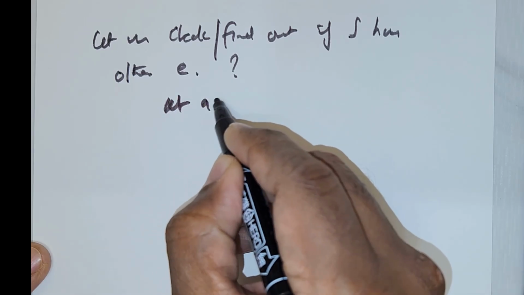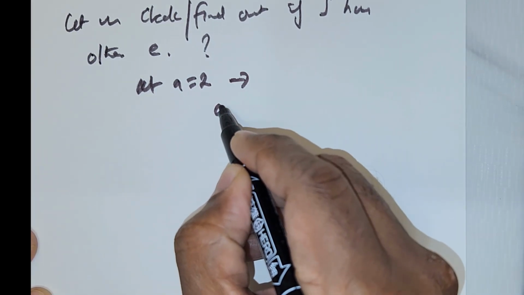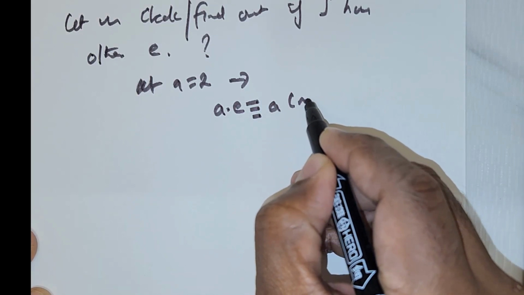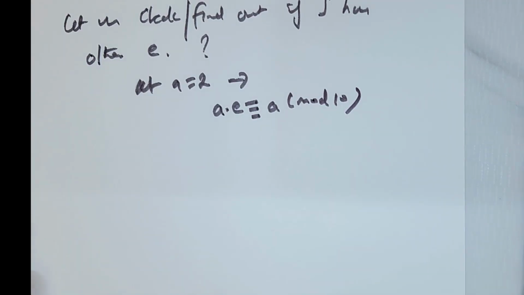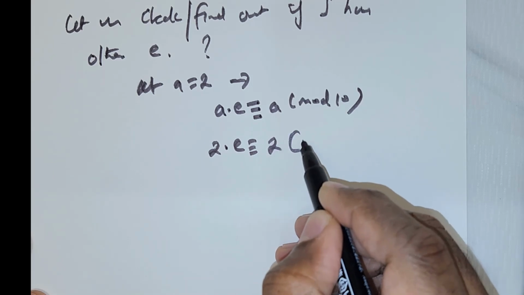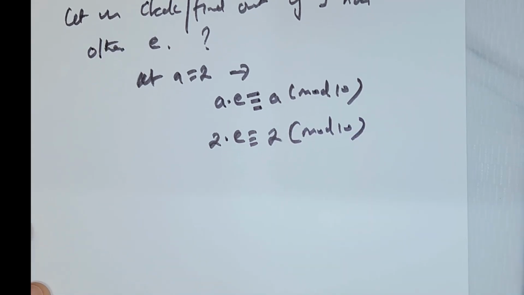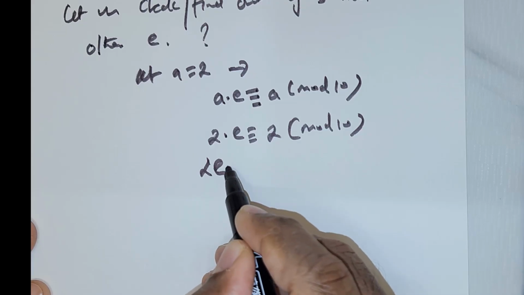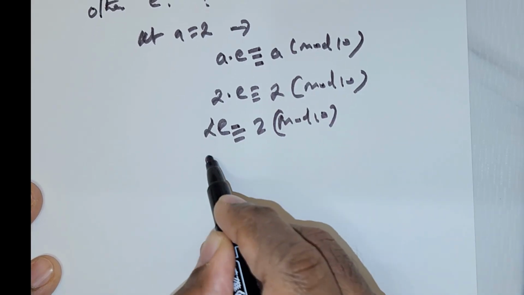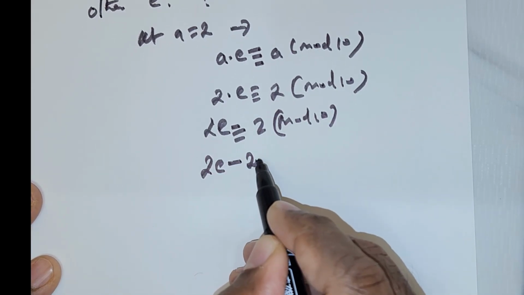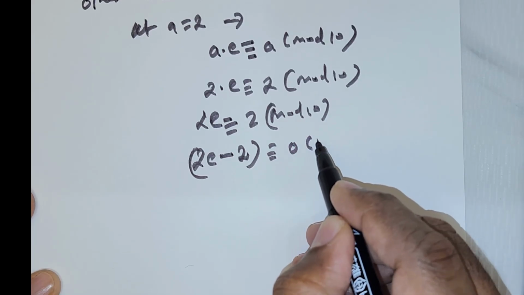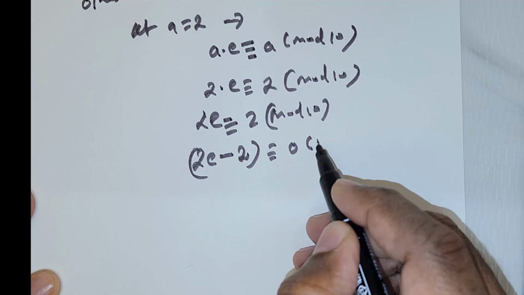Now let me take A to be equal to 2 such that A times E is congruent to A mod 10. So this is going to be 2 times E congruent to 2 mod 10. I can rewrite this as 2E minus 2 is congruent to 0 mod 10.